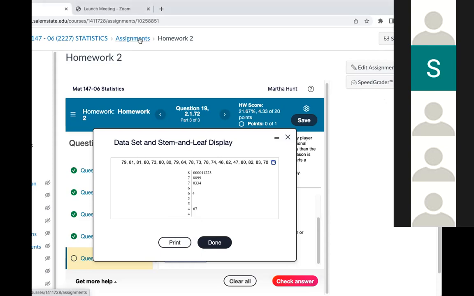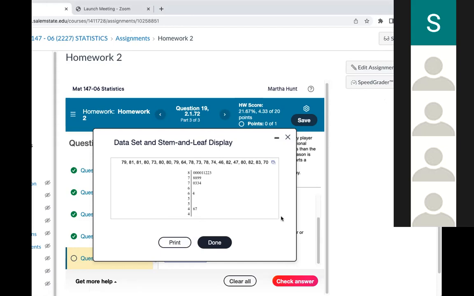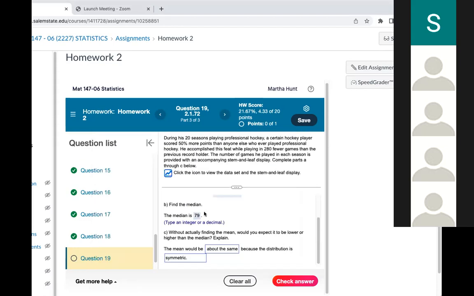Let me do something quickly here. At the very, very bottom here, I hate these scrolly things. There's a help me solve this. Get more help, okay?